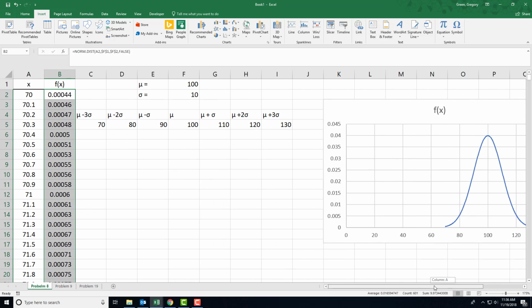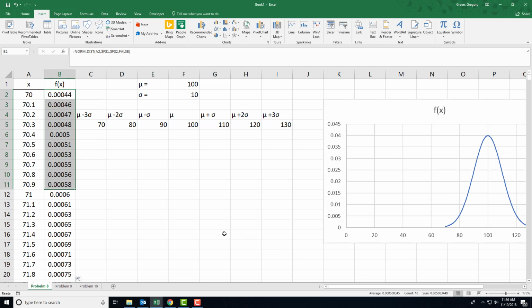Notice that I have chosen to increase my random variable by 1/10 each row. Now, here are some things to think about. First off, I won't be able to get a probability between 70 and 71 by just adding up these 10 cells, because this sum of 0.005 is wrong.